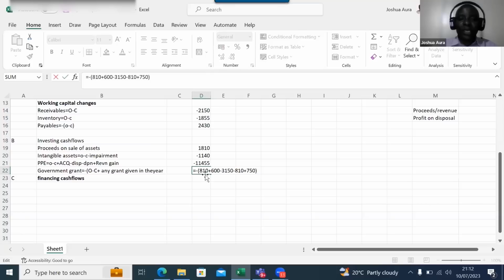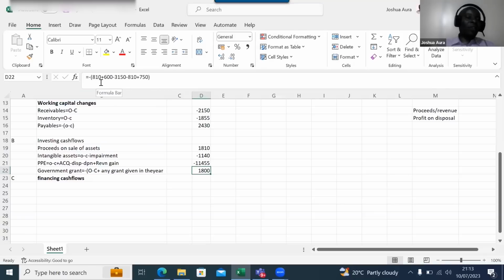It is 2400, 810 plus 600 minus 3150, minus 810, plus 750. Do your workings nicely. What are we getting as government grant?